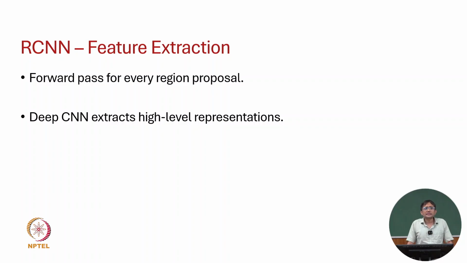Then comes the feature extraction part. A forward pass for every region proposal. The deep CNN extracts a high level representation for each of these given ROIs. Here also, there is a challenge that needs to be considered.